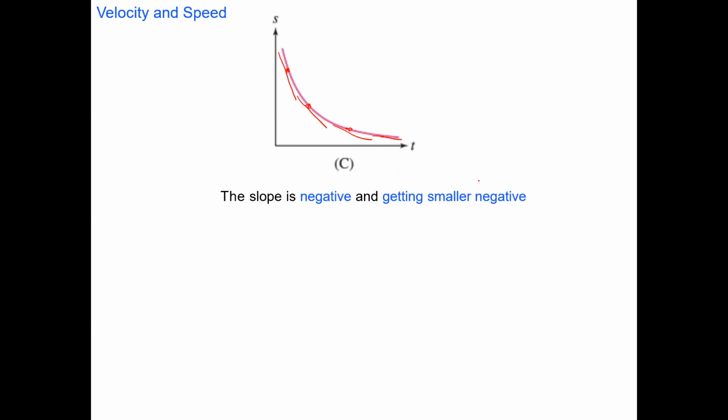Okay, but we have to be extremely careful. Getting smaller in the negative direction. Yes, for instance, slope is -2, and then slope is -1, and then slope is -0.5, and then almost 0. Yes, they are getting closer to 0.